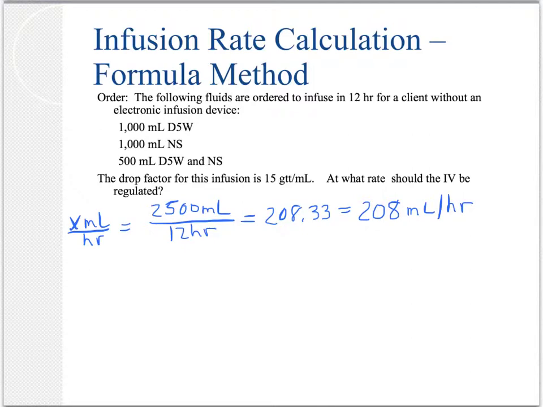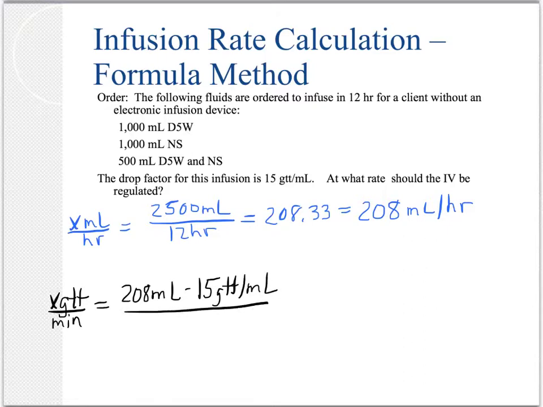Now, in this case, our drops per minute calculation becomes the volume of 208 milliliters times our drop factor of 15 drops per milliliter divided by the 1 hour converted to minutes, which is equal to 60 minutes.